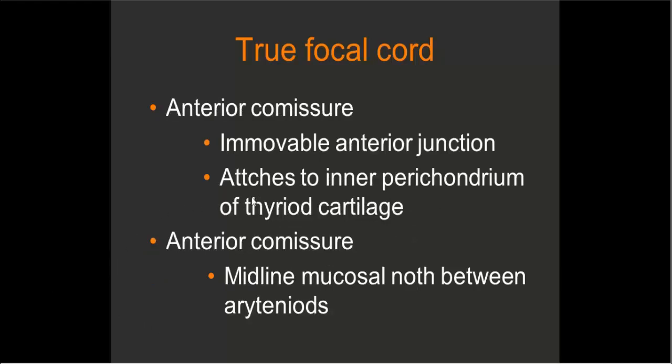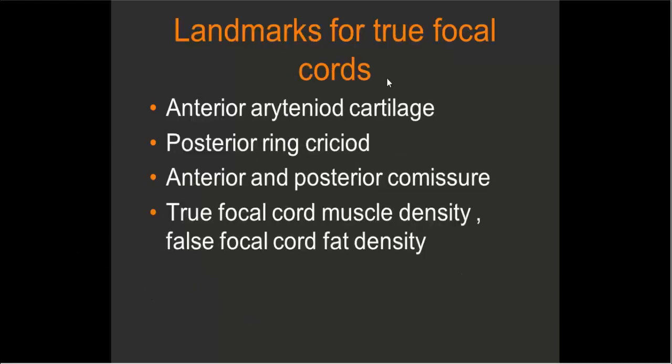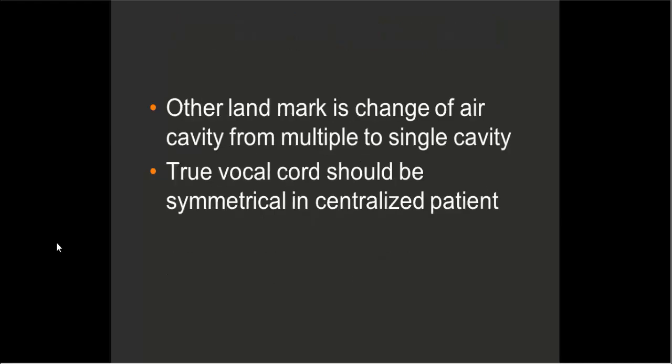The anterior commissure is the immovable anterior junction attached to the inner perichondrium of the thyroid cartilage. The posterior commissure is the midline mucosal notch between the arytenoids. These are the landmarks for the true vocal cord: the arytenoid cartilage and posterior cricoid ring posteriorly, the anterior and posterior commissures, true vocal cord muscle density, false vocal cord fat density.